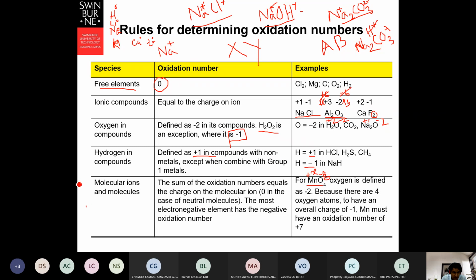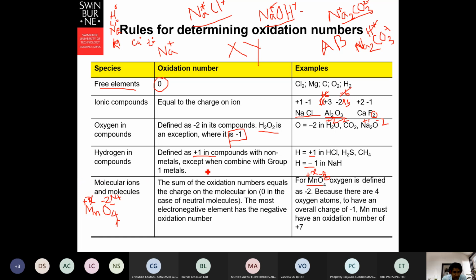Now let's find out. So I write it here, MnO4 and its negative charge. Oxygen is negative 2, times 4, and manganese is positive, let's say X, because we do not know how much it will be.